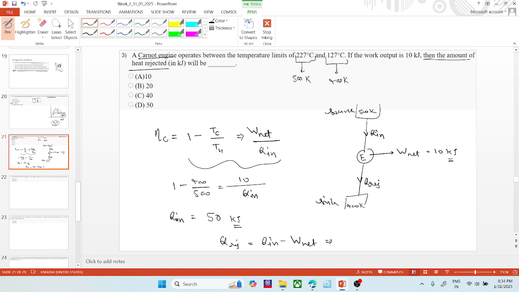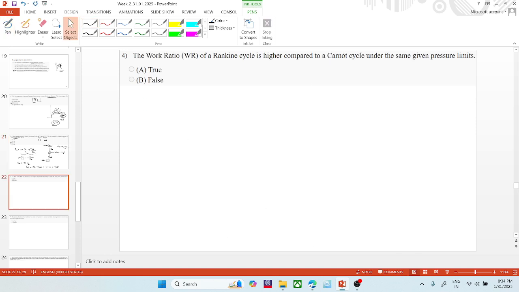As we can see, the energy balance is Q in is equal to W net and some heat is rejected. So 50 minus 10 is equal to 40 kilojoules. So this option C is correct.